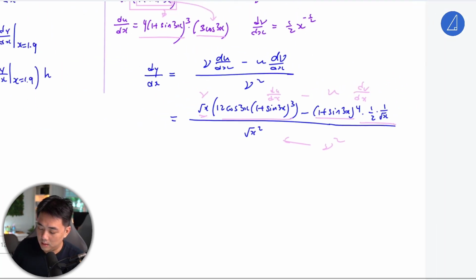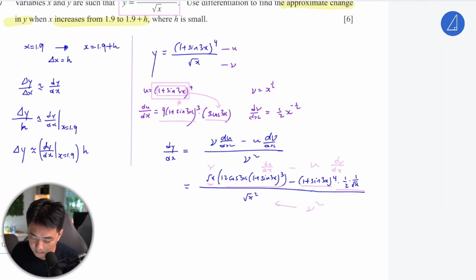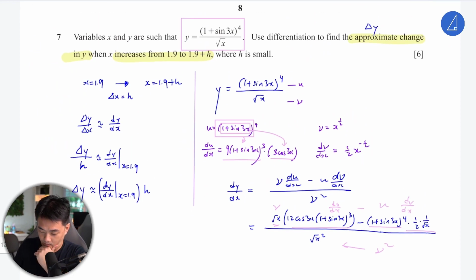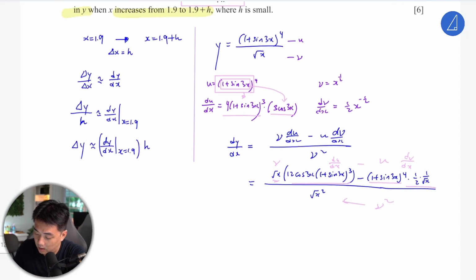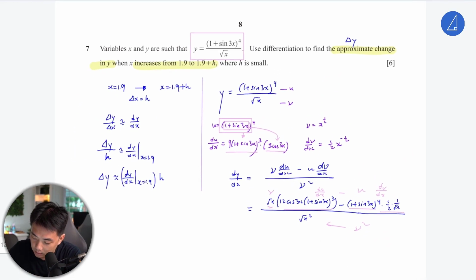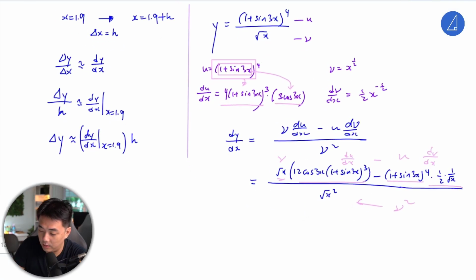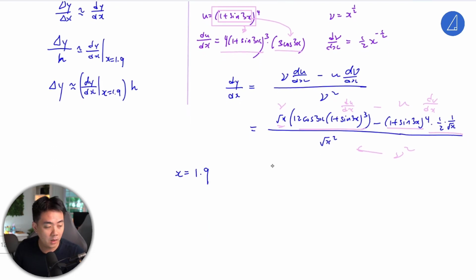Simplifying this, do we need to simplify it? We could just replace x in, because we don't need to find anything else. So dy/dx when x equals 1.9. Remember this is in radians, so change your calculator to radians before keying in.